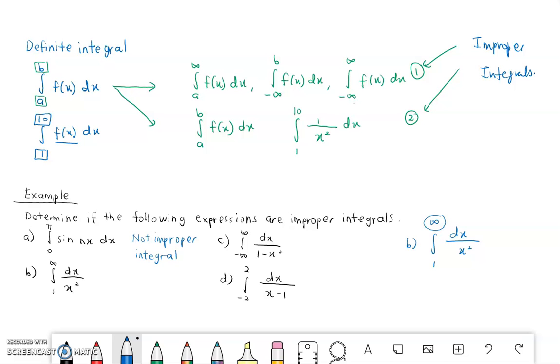So it is an improper integral. For C, the integral of dx over 1 minus x squared from negative infinity to infinity. This is clearly type 1 of improper integrals, where both limits are infinite.